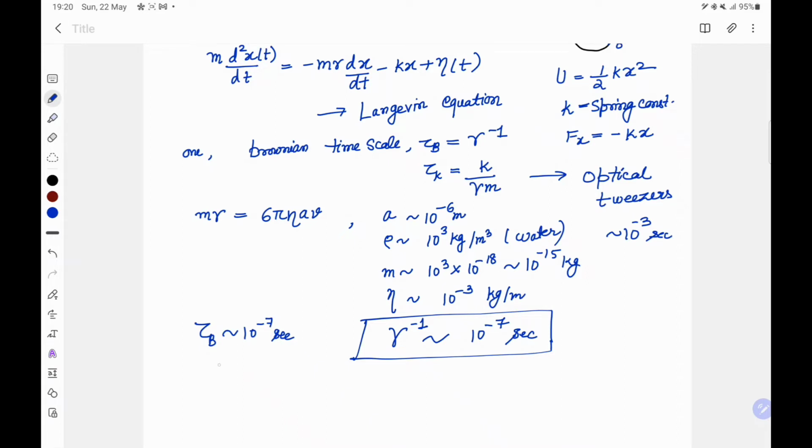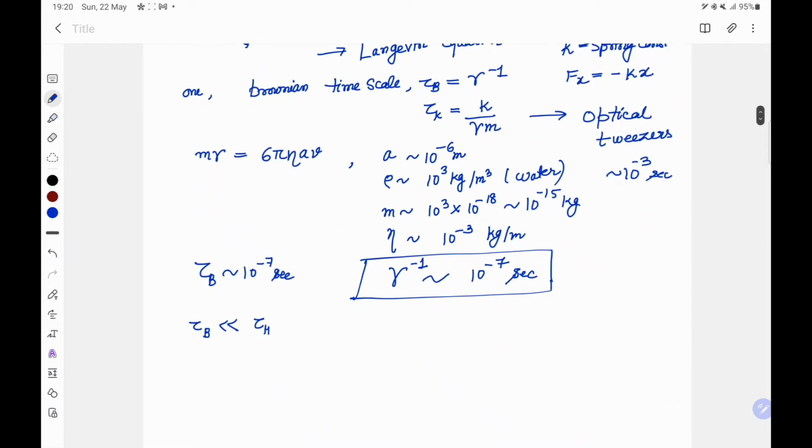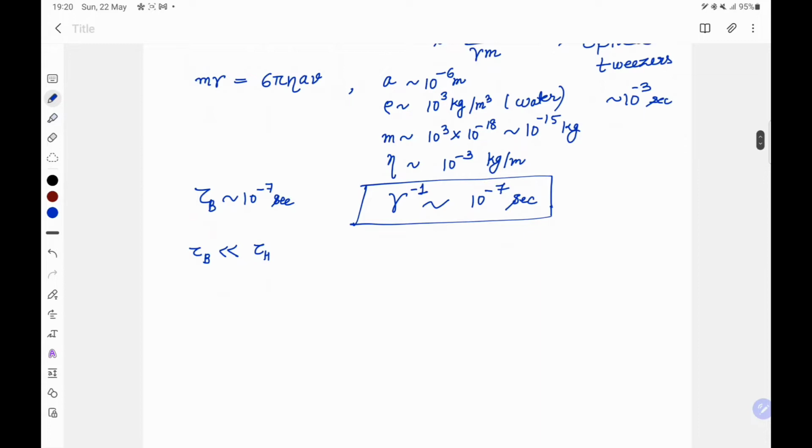So for all practical purposes, we can assume that tau b is very much less than tau k. So we can safely ignore this inertia term.